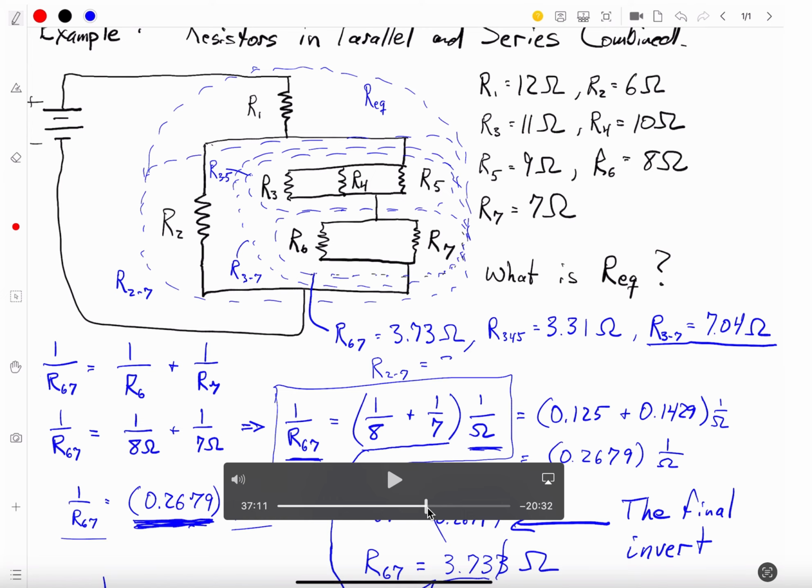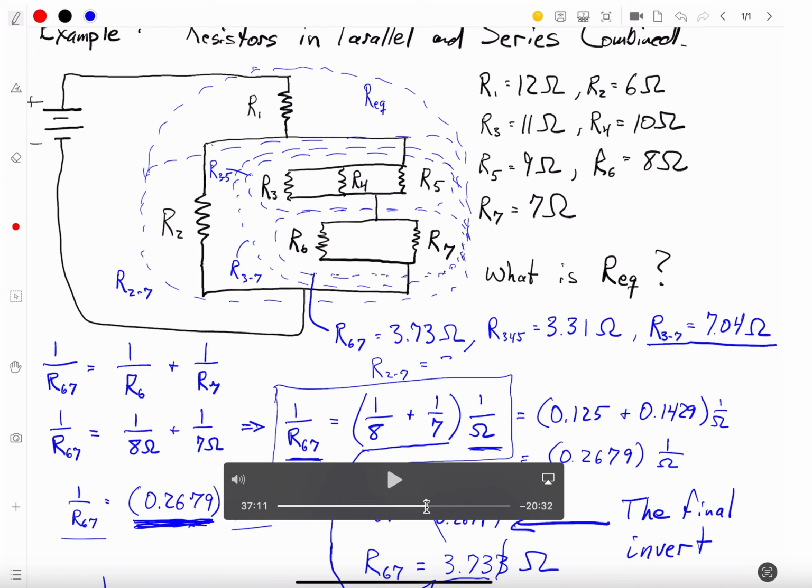R2 is 6, so 6 inverted. R3 through 7 is 7.04, 7.04 inverted. And we'll add those two together, and then we'll invert that. That is 3.24. 3.24 is R2 through 7, okay? It looks like I'm not writing that down for some reason, or I didn't capture it. I'm having technical difficulties.